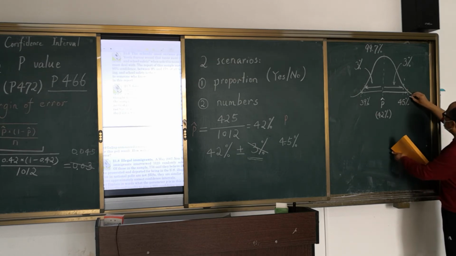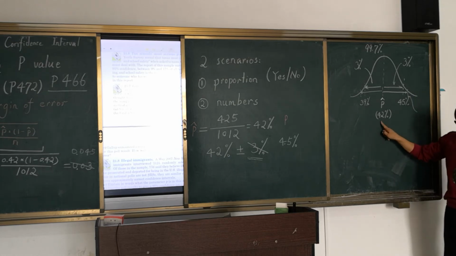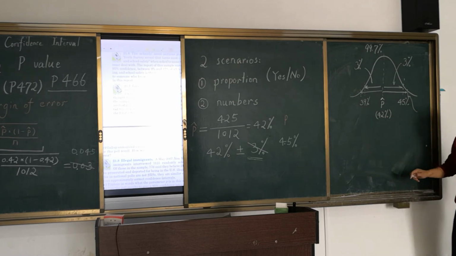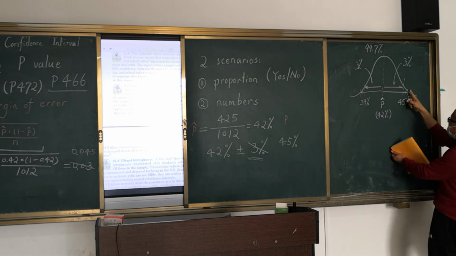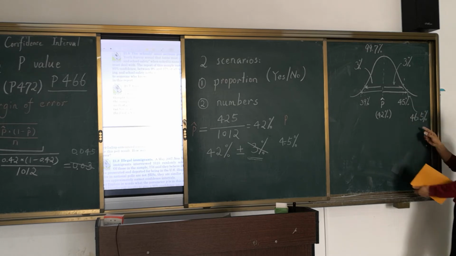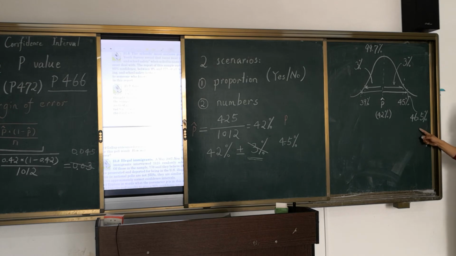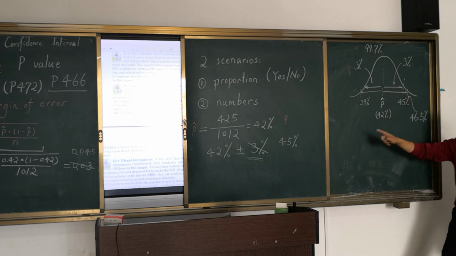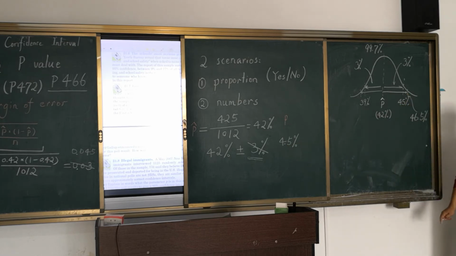So this is 42% plus 4.5%. What's here? 46.5%. Okay? 42% plus 4.5%.